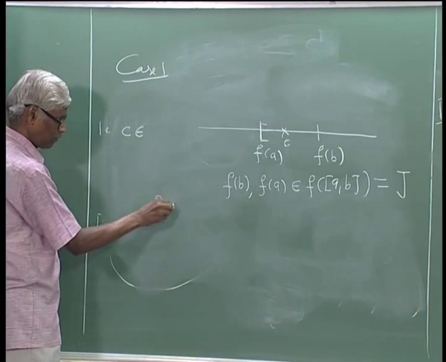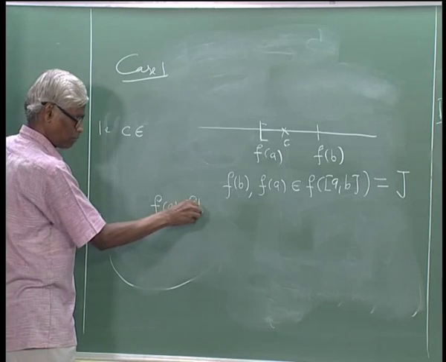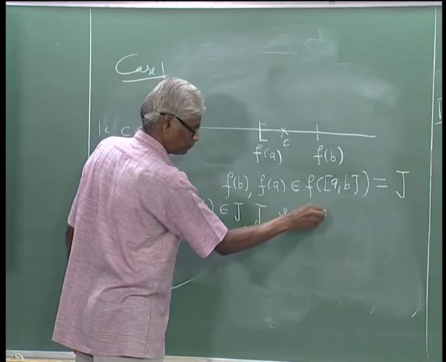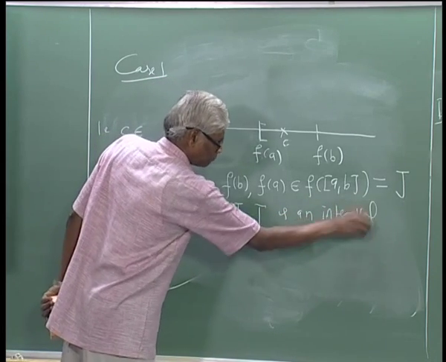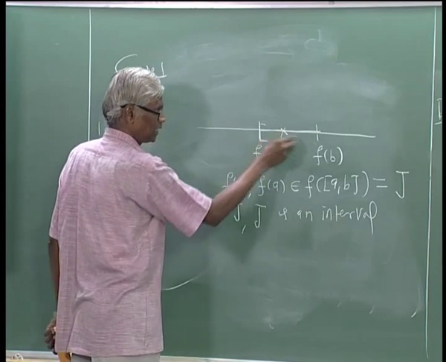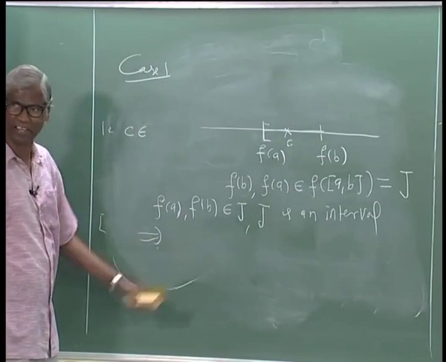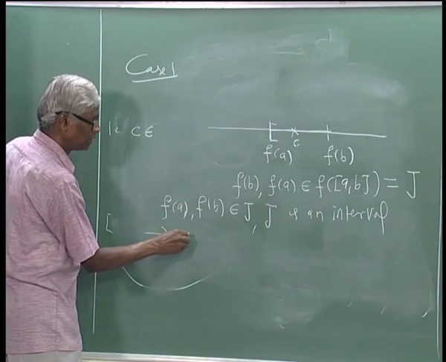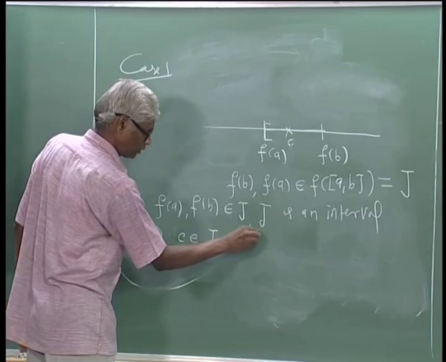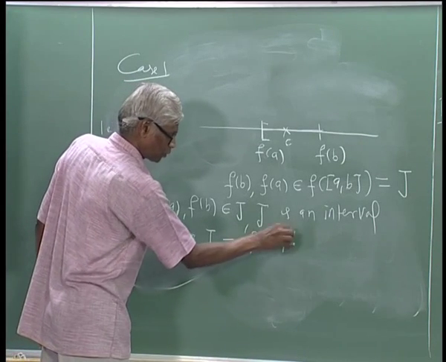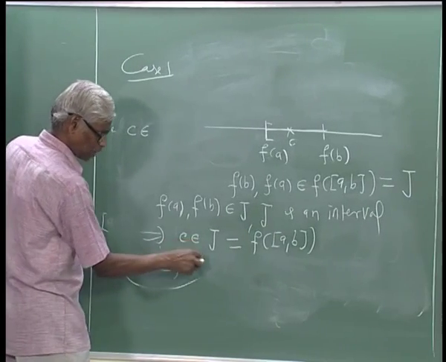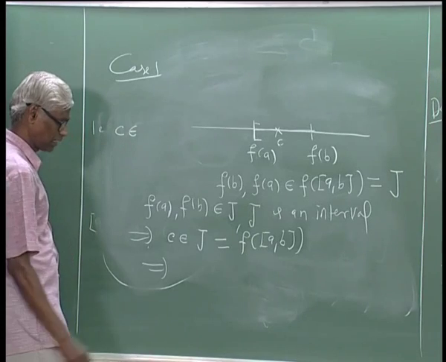Now, f of a and f of b belong to J, and J is an interval, which will imply all the points between f of a and f of b will also be in J. So, this implies C belongs to J, but J equals f of the closed interval [a, b], which implies C belongs to f of the closed interval [a, b].